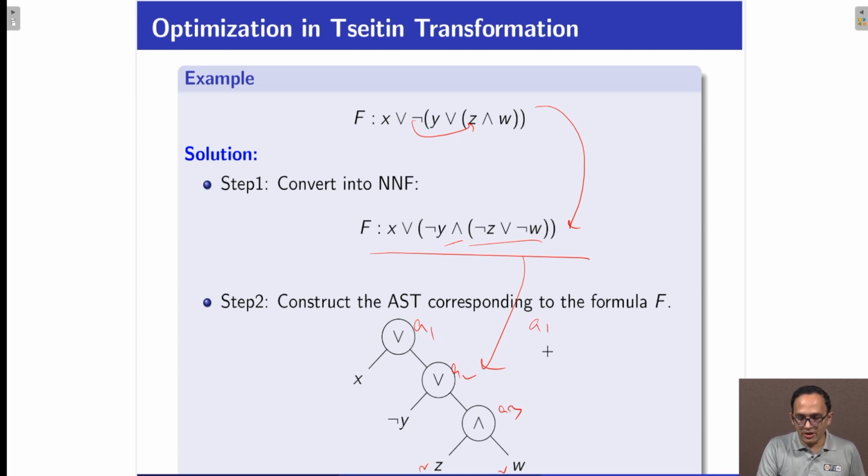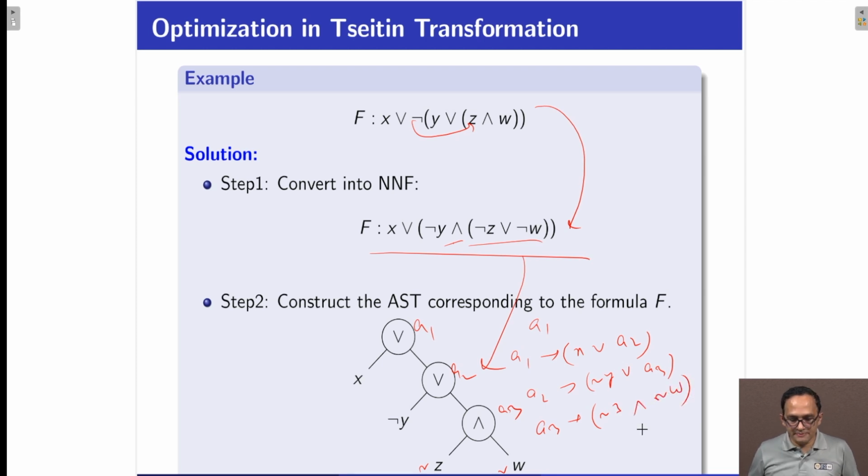And then I will write the clauses: A1, then A1 implies X or A2, then A2 implies not of Y or A3, and then A3 implies not of Z and not of W, right.